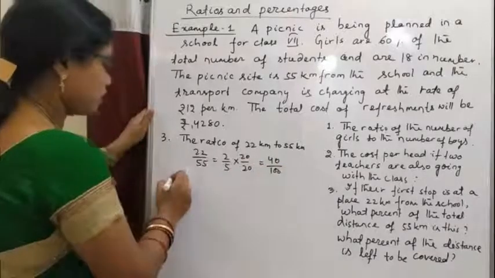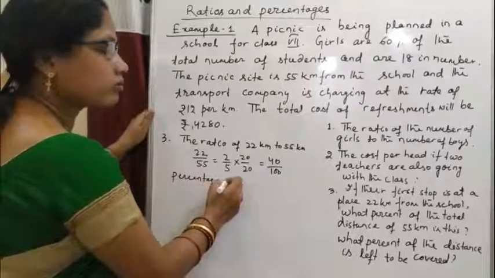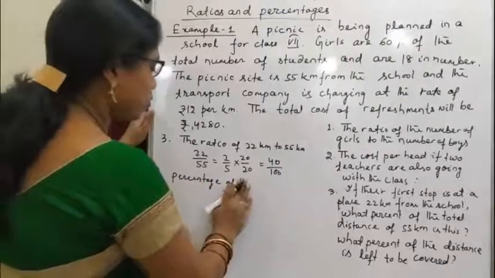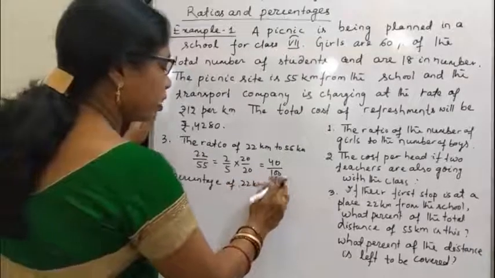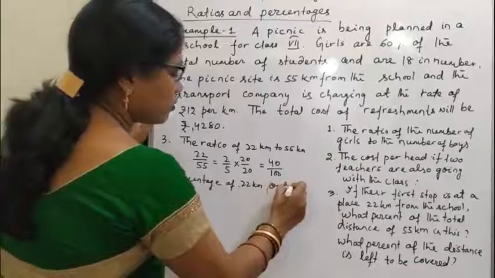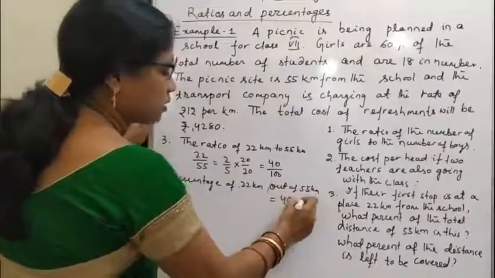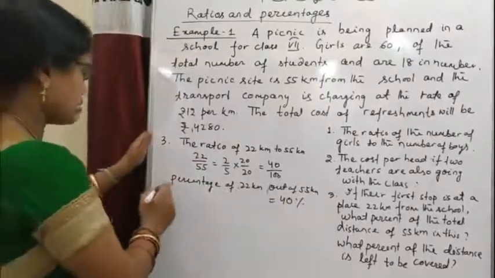So the percentage of 22 km out of 55 km is 40%. So in another way also we can find, the second method.